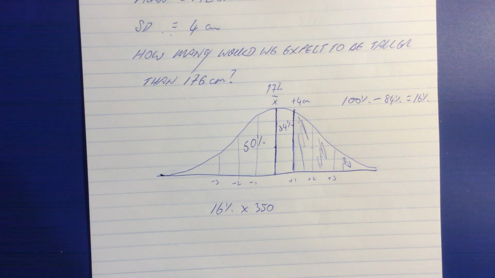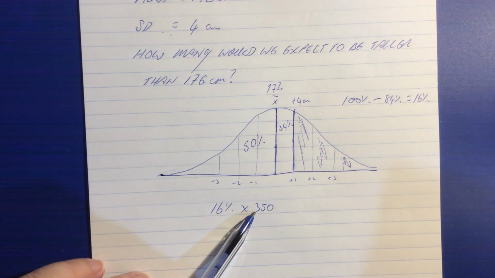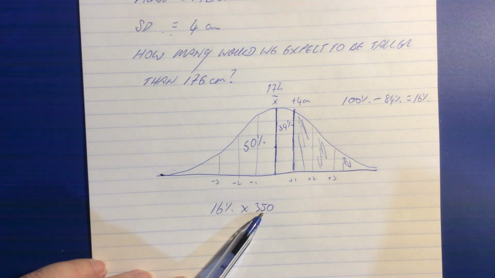Pretty easy calculation. Out with the cheap calculator to do that, or you can think about doing it in your head. If you do it in your head, 16 threes are 48, and add half of that, add 8 again.